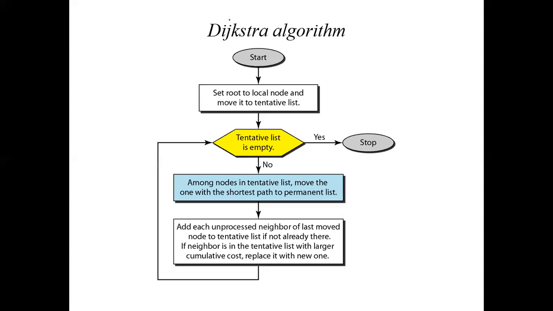We need to see the starting point: set the route to the local node and move it to the tentative list. If the tentative list is empty, we stop. If it is not, we add another node from the tentative list, and similarly we go through the process step by step.